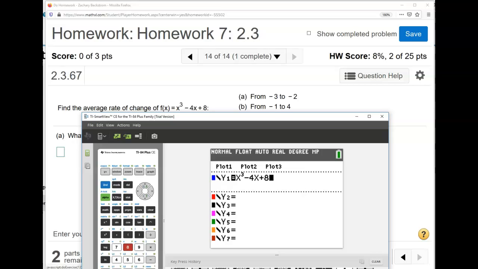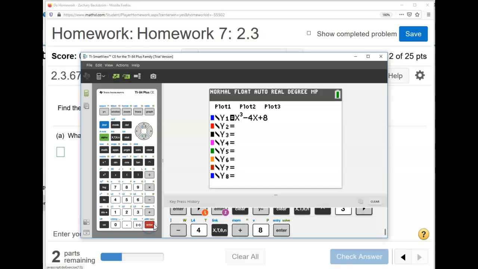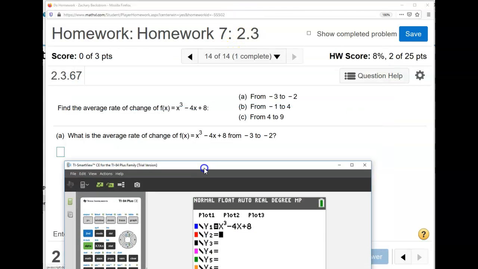Now that I have that in the calculator, I can just go ahead and use these 2 points. It doesn't really matter which one I use as my first or my second point. However, I just need to stay consistent. So this is from -3 to -2.